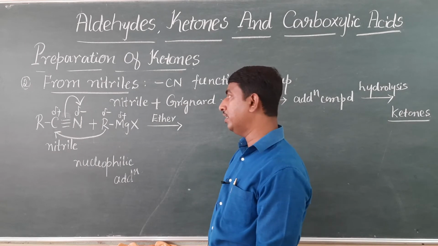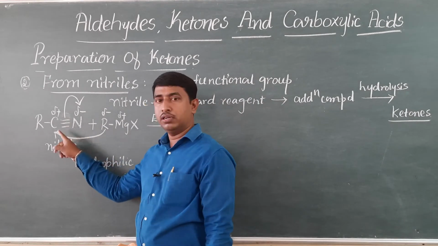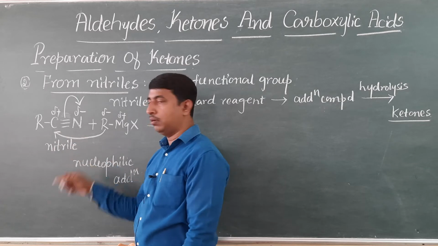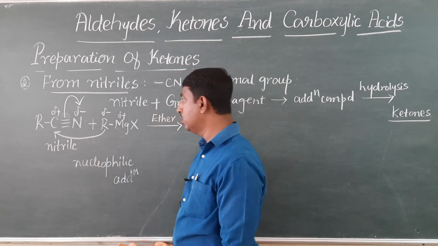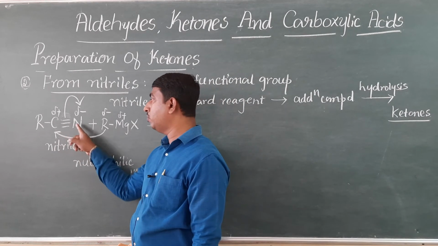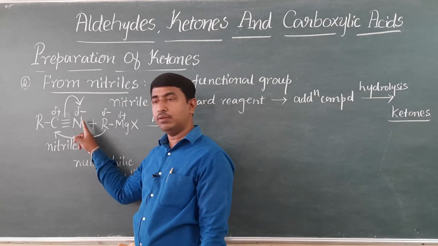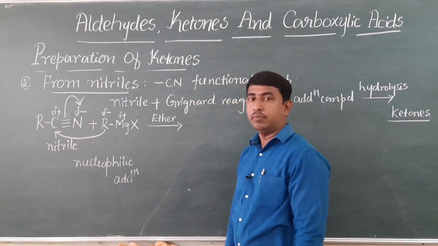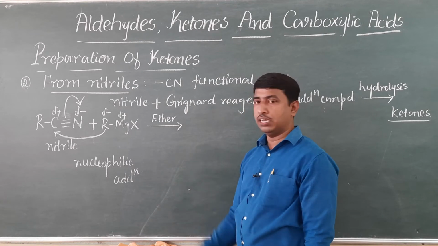The triple bond reduces to a double bond, so it becomes double bond N. Delta minus becomes a complete negative charge, that is minus.